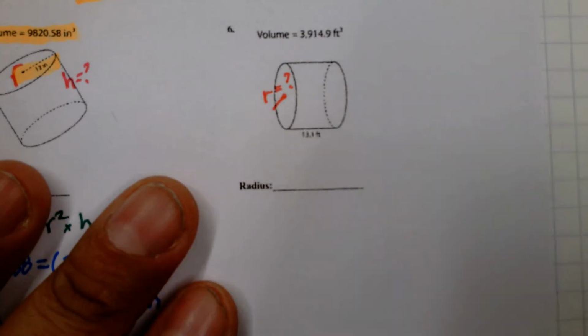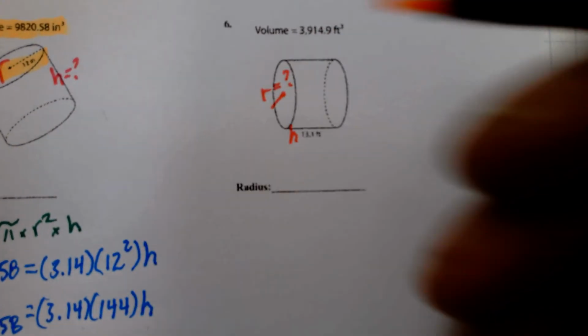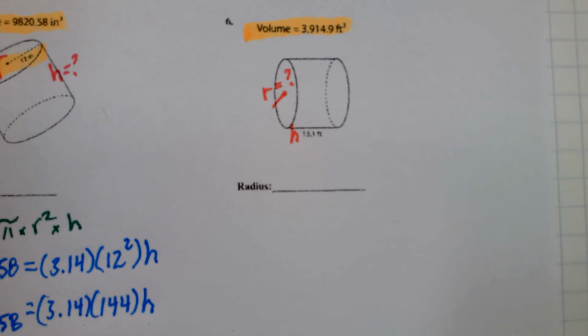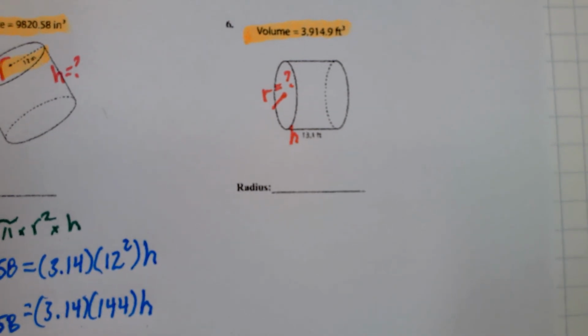R is our unknown. We know the height and the volume. On these problems, whenever you have to find a radius, we have to divide like we just did, but we're also going to have to square root, because that's the opposite of squaring a number.